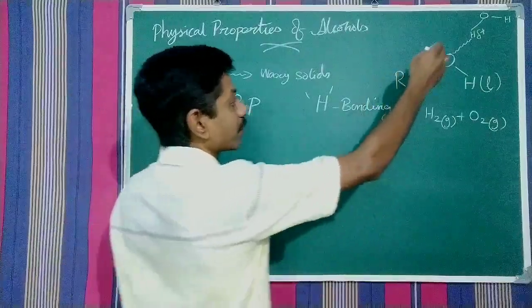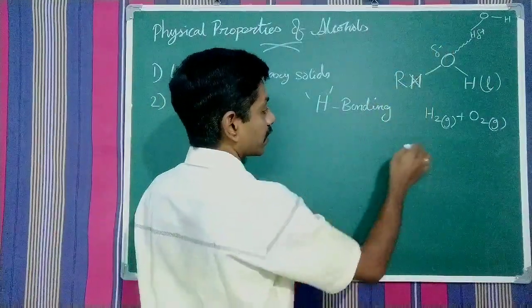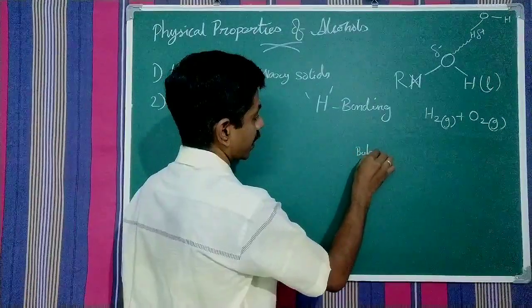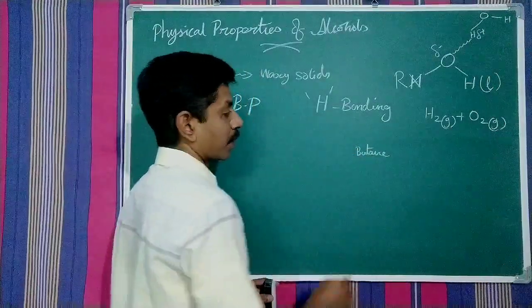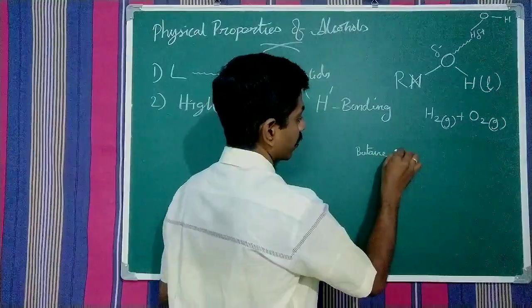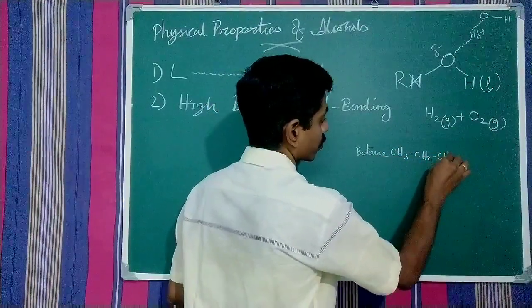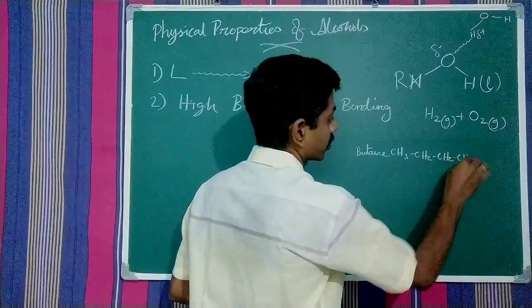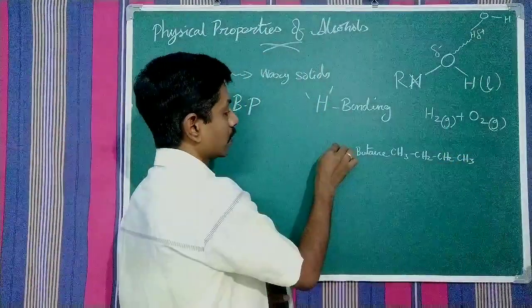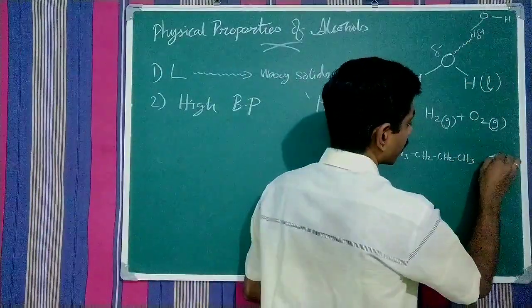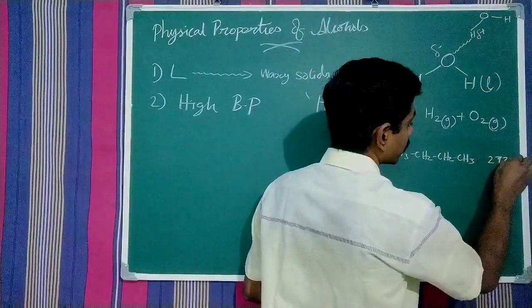So they go for intermolecular hydrogen bonding, and if you take the molecule called butane, I write the molecular formula CH3, CH2, CH2 and CH3. The molecular mass is 58 and its boiling point is 272.5.